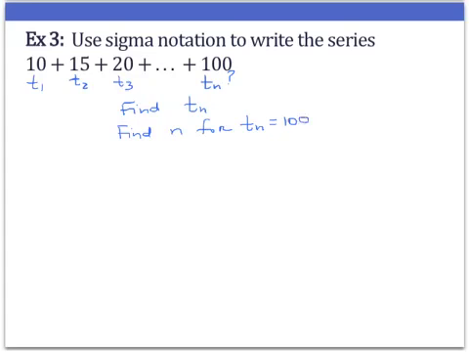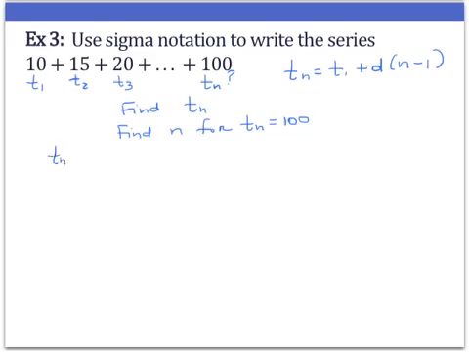We need to find which term 100 is. So let's start with finding our nth term. Now our nth term formula, if you remember, is the first term plus the difference times n minus 1. We know the first term, that's 10. And we know the difference is 5. So we can substitute in for that.